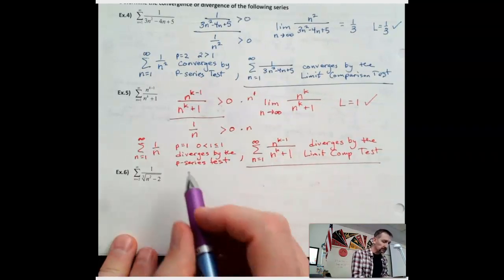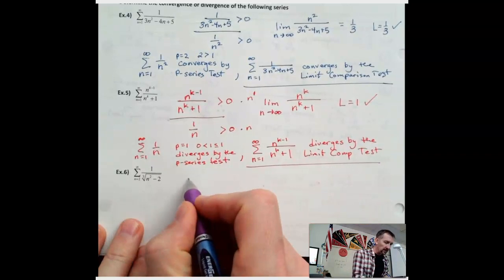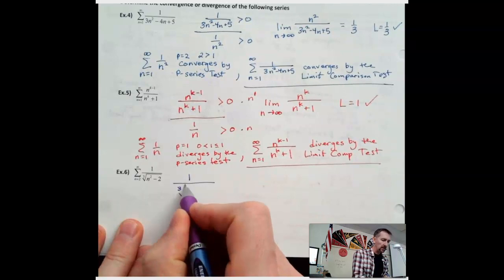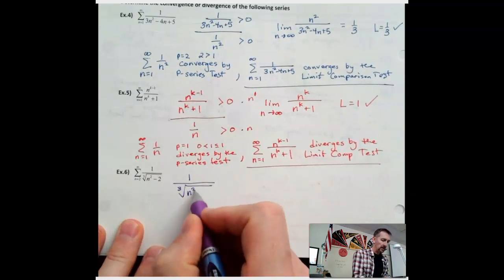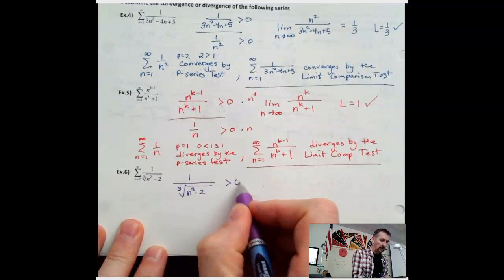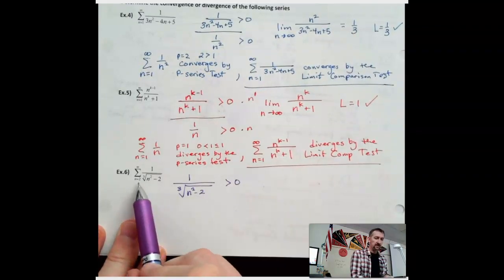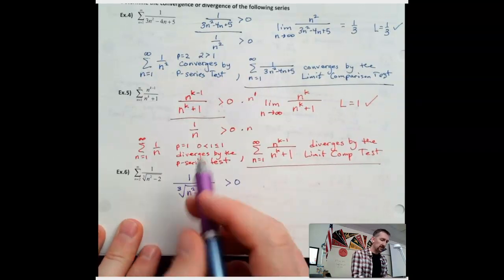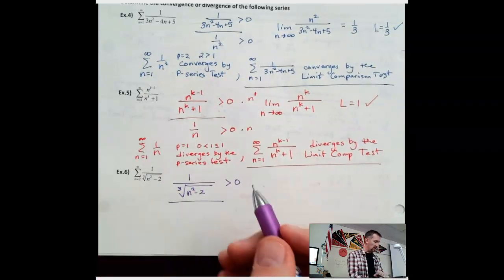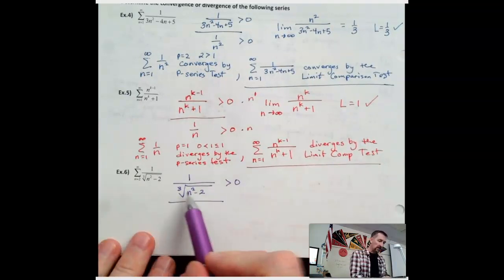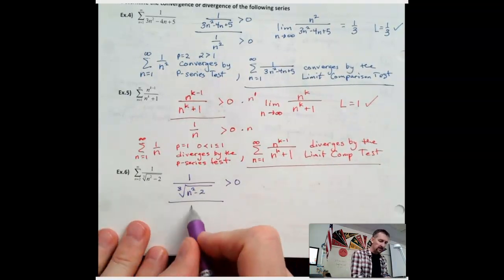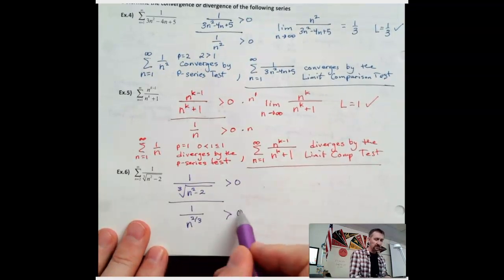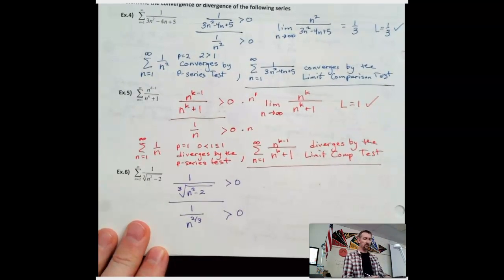Now we have this, starting at 2. 2 squared is 4. 4 minus 2 is 2, so that's greater than 0. Now we're going to compare it to the degree here. That's going to be 1 over n to the 2/3, which is also greater than 0.